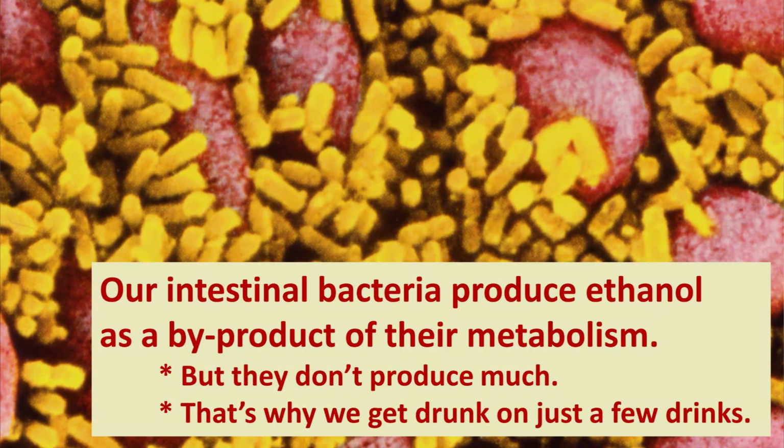They don't produce that much, but this is responsible for us having evolved over time the ability to produce these enzymes that first break down ethanol into acetaldehyde and then acetaldehyde into acetate. But this is why we get drunk on just a few drinks, because we completely overwhelm that system of the production of those two enzymes.